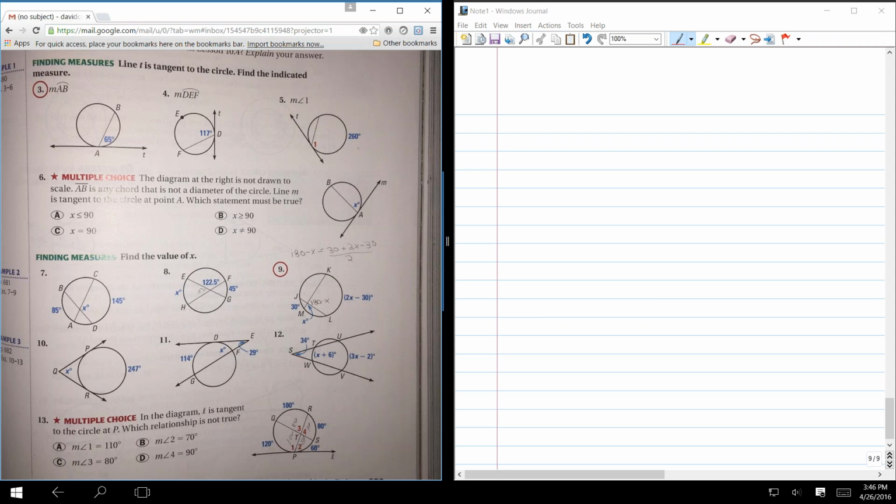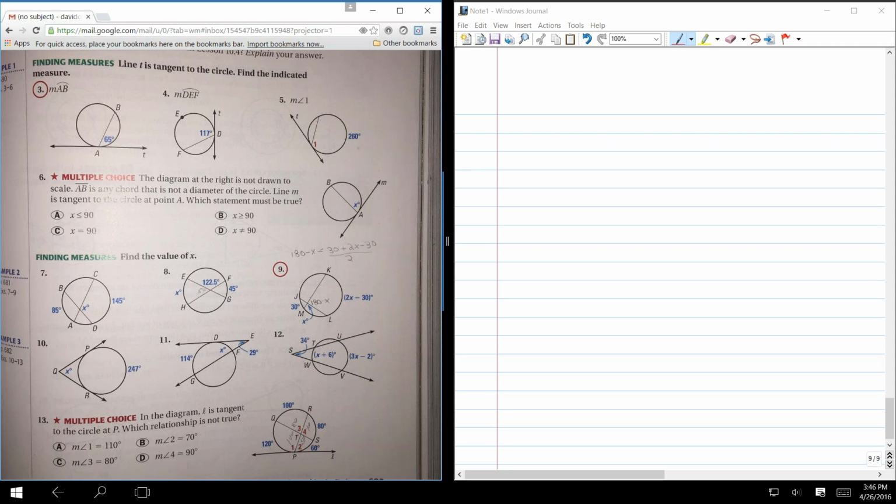A. Correct. Because if AB was a diameter, then it would be perpendicular to that tangent line, right? In which case X would be equal to 90 degrees. If AB was a diameter.